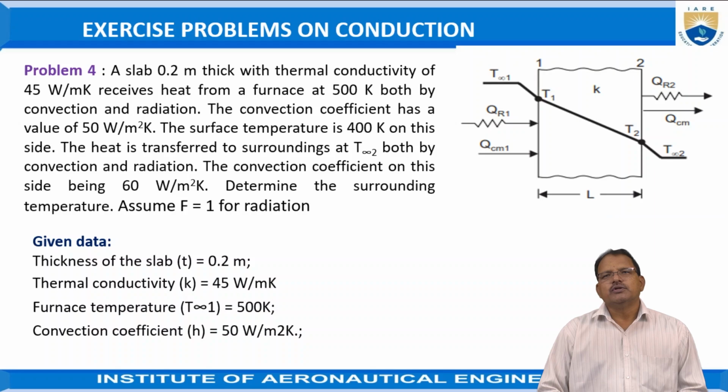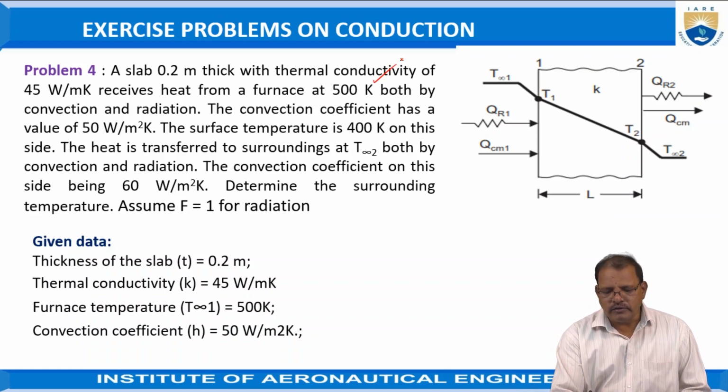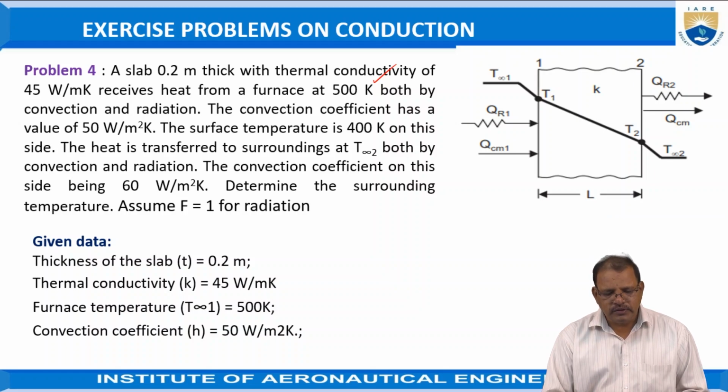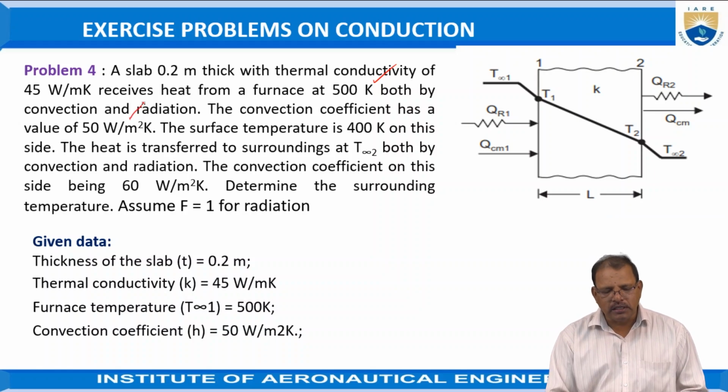Based on composite walls, we are taking one problem now. A slab of 0.2 meter thickness with thermal conductivity of 45 watts per meter per degree Kelvin receives heat from a furnace at 500 Kelvin, both by convection and radiation. The convection coefficient has a value of 50 watts per meter square per degree Kelvin.